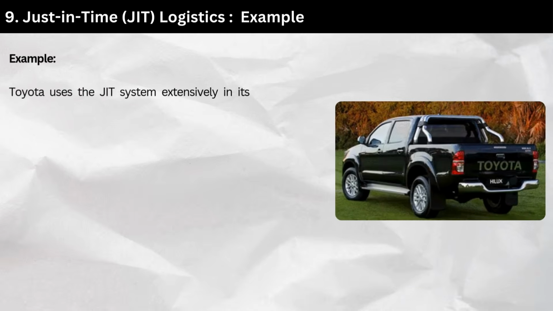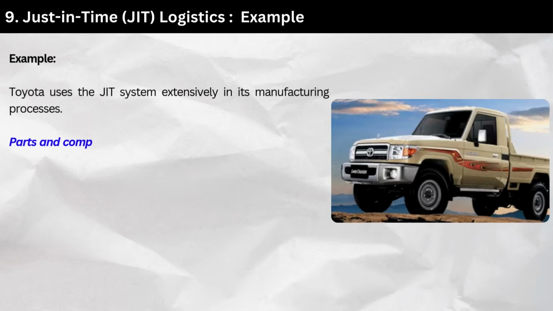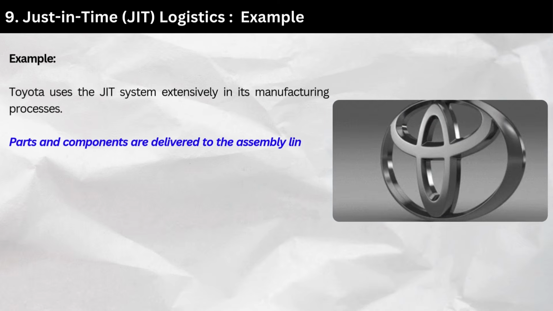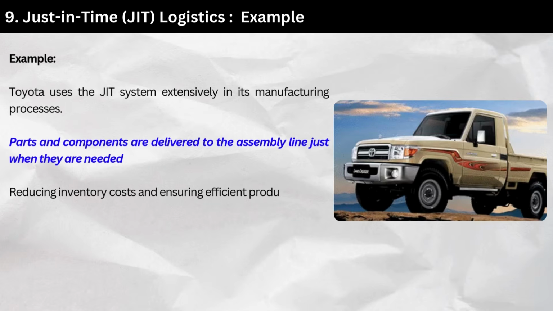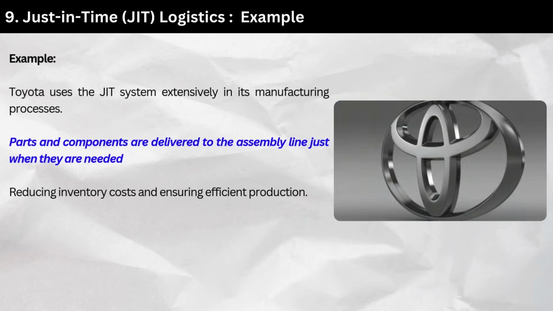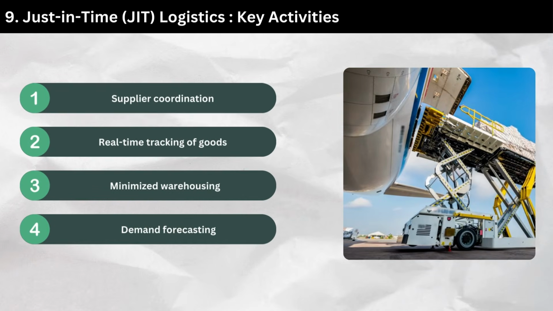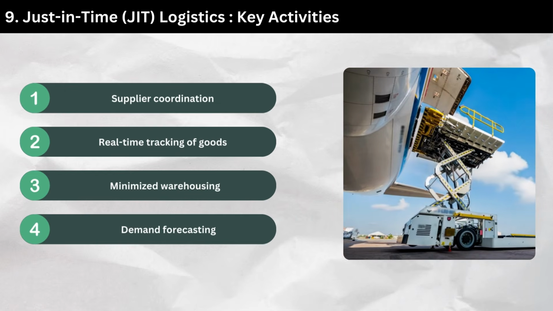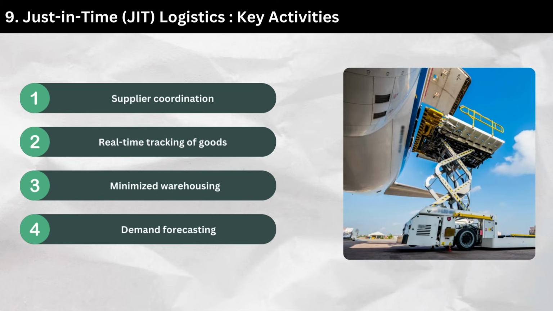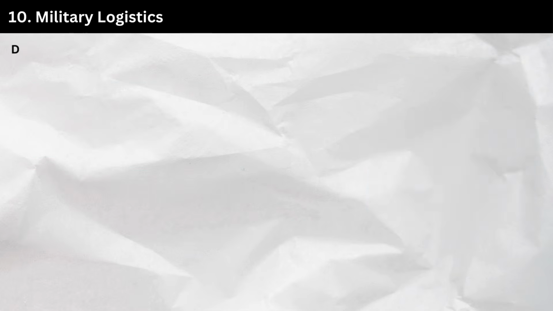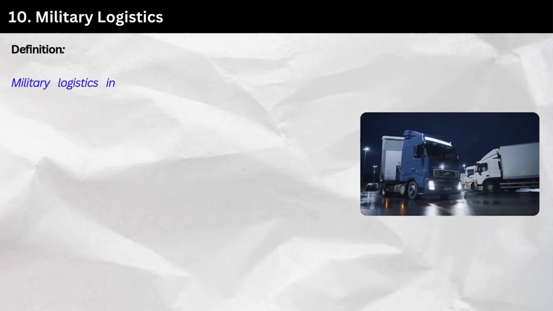Toyota uses the JIT system extensively in its manufacturing processes. Parts and components are delivered to the assembly line just when they are needed, reducing inventory costs and ensuring efficient production. Key activities. Supplier coordination. Real-time tracking of goods. Minimized warehousing. Demand forecasting. 10. Military logistics.